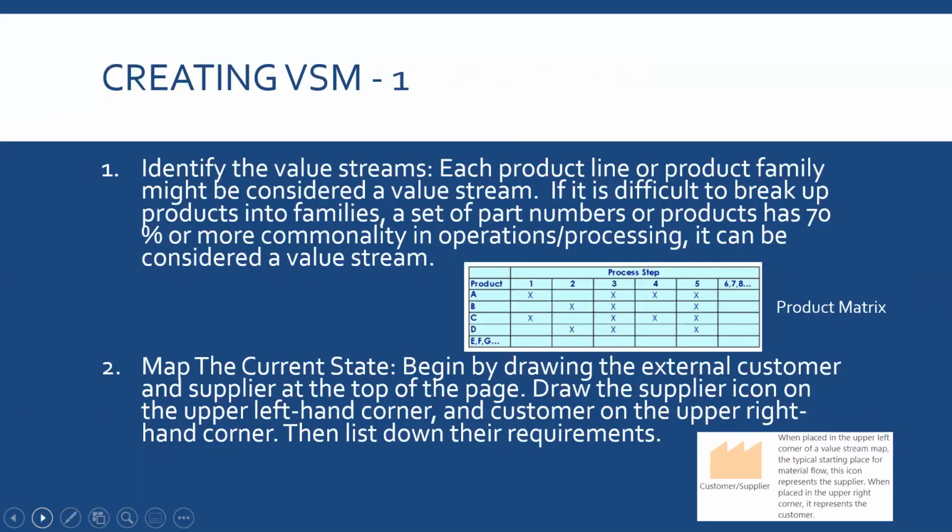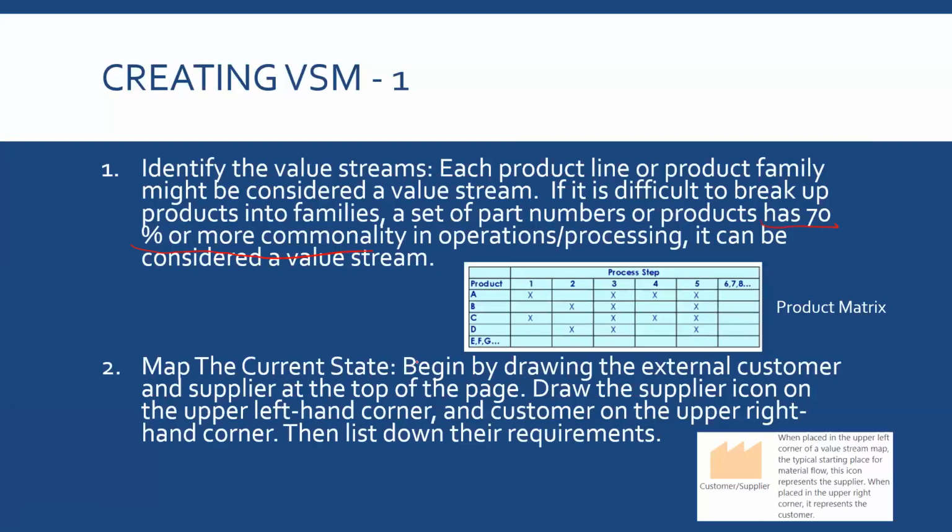Sometimes it's really hard because we create too many similar products. If you want to create a value stream map, look into the similarities. If there are 70% or more similarities in the process, then you should create a product map.